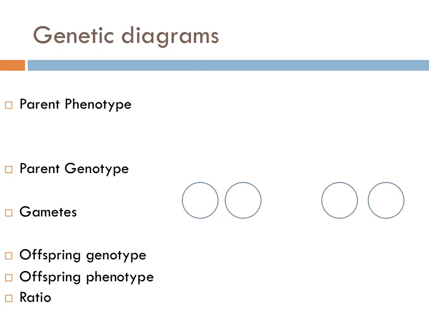Here we're going to draw genetic diagrams. A genetic diagram is a way to represent how genes are carried from parents to offspring. And there are many different ways. Let's begin by taking this example. We're going to look at two parents, and these are flowers.